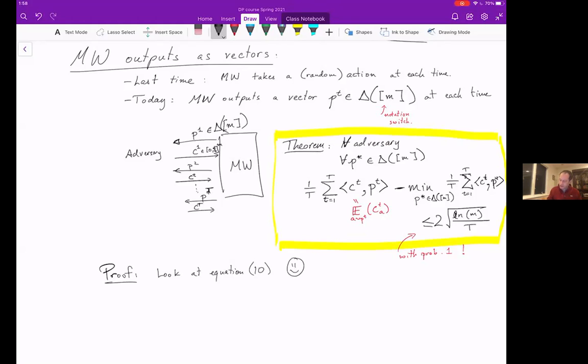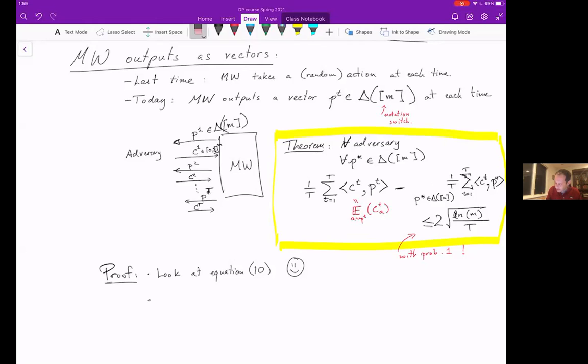The only hitch here is that now we're measuring our performance relative to a distribution of actions in hindsight. But it turns out that's really just a notational thing. It doesn't really change the meaning of what it means to look back in hindsight. And that's because the best distribution in hindsight in fact puts all of its mass on the best action.